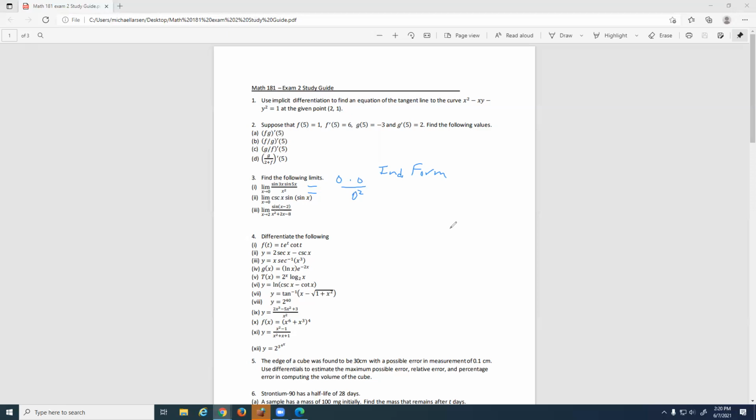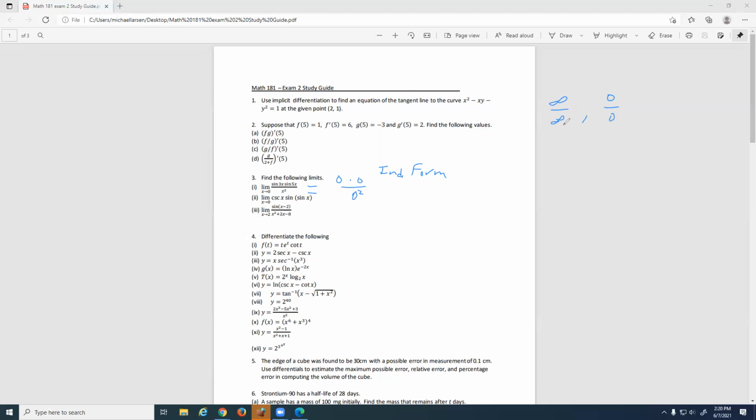I'm not too sure. Have you guys learned about L'Hopital's rule yet? I believe so. Yeah, L'Hopital's rule is when you have an indeterminate form for a limit, like infinity over infinity or 0 over 0.